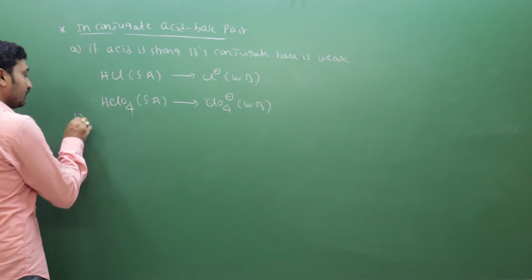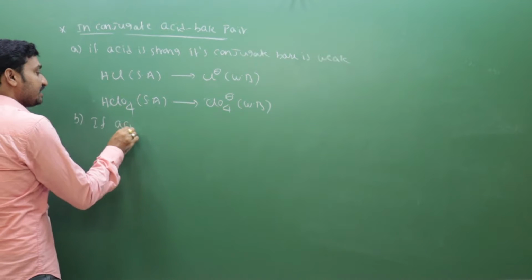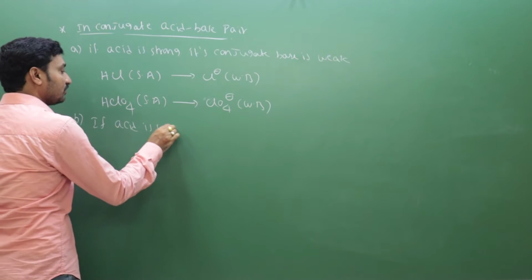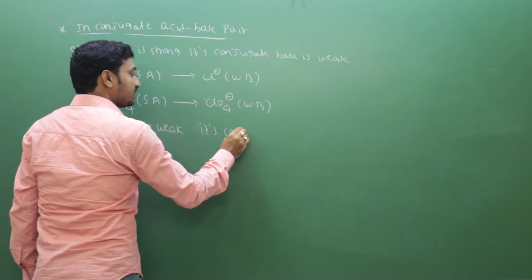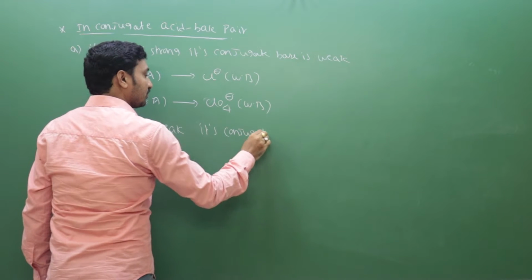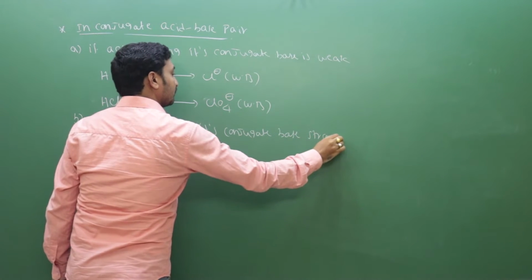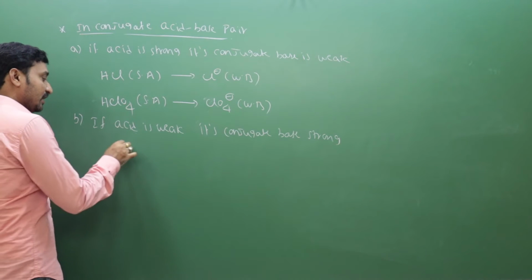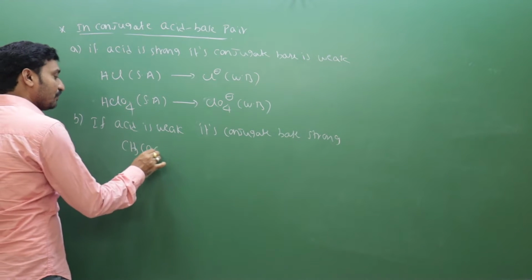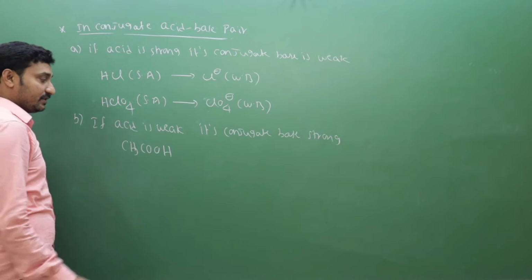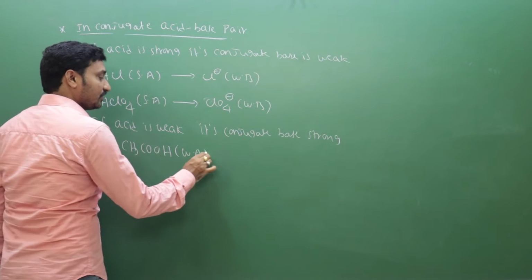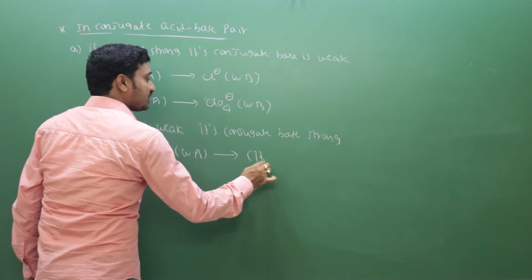Similarly, if the acid is weak, its conjugate base is strong. Example, CH3COOH, a weak acid. What is its conjugate base?